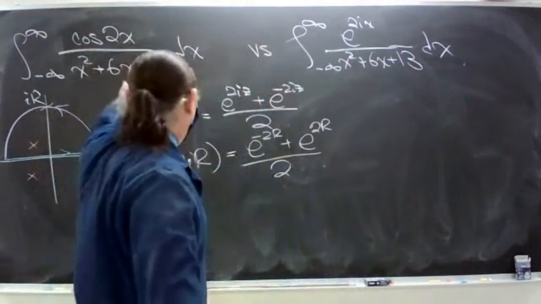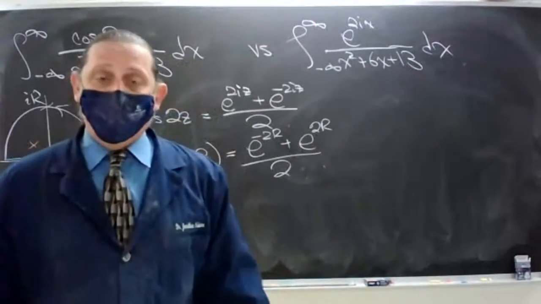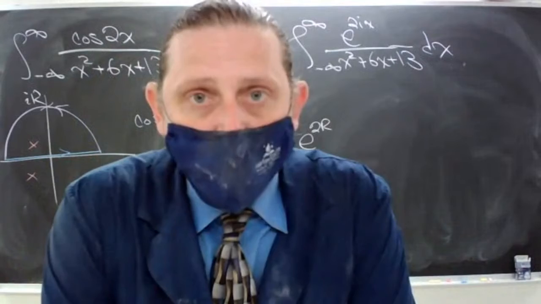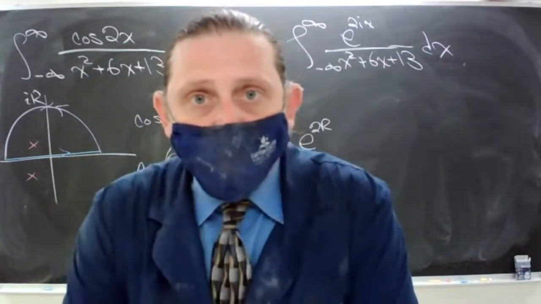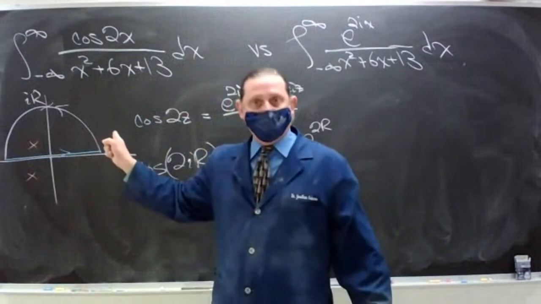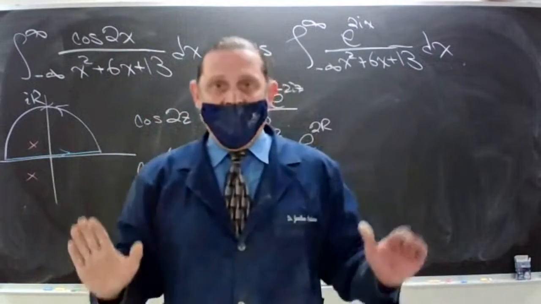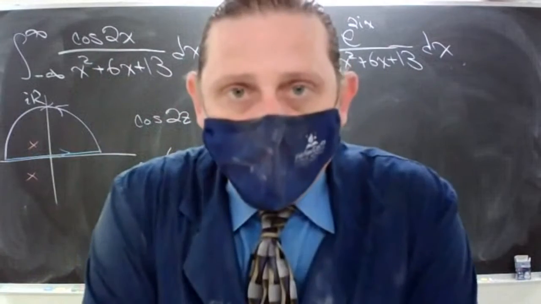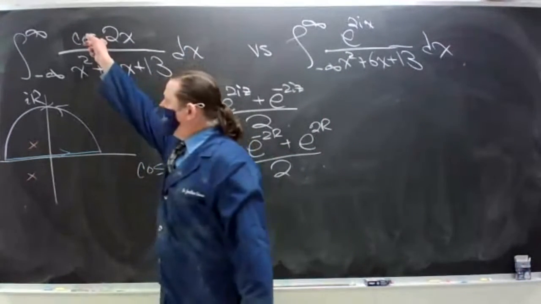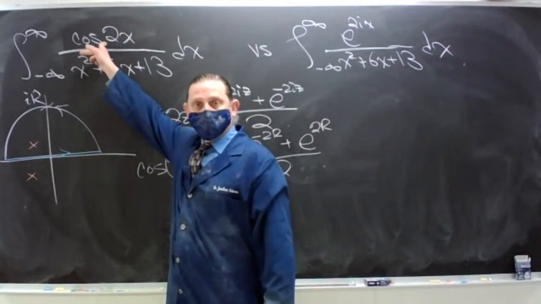It doesn't matter what power of z I have in the denominator. e to the 2R divided by every power of z will go to infinity. So that means that this semicircle at infinity will not vanish in the limit as R tends to infinity if I try to use this integrand.